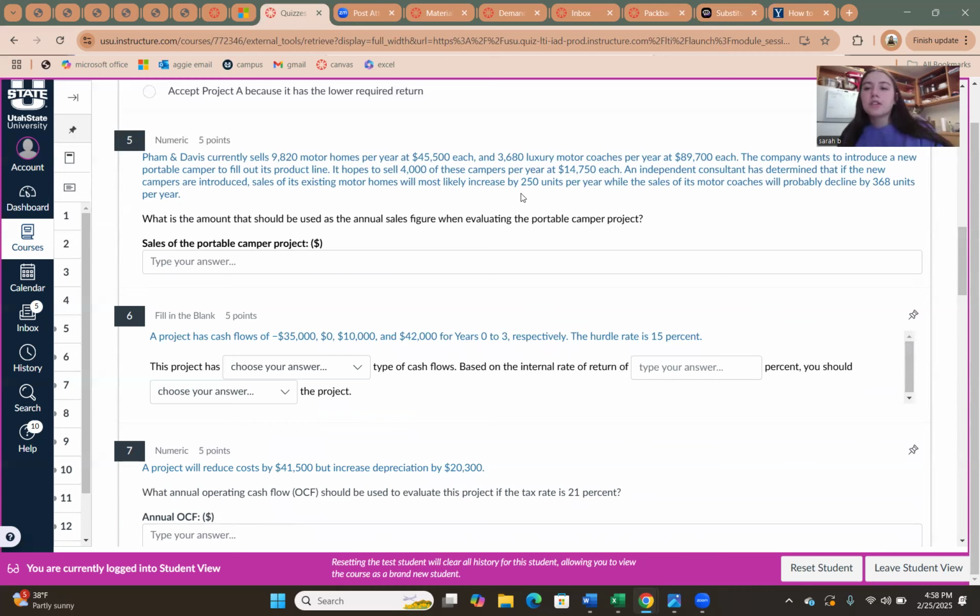An independent consultant has determined that if the new campers are introduced, the sale of its existing motorhomes will likely increase by 250 units per year, while the sales of its motor coaches will probably decline by 368 units per year. What is the amount that should be used as the annual sales figure when evaluating the portable camper project?